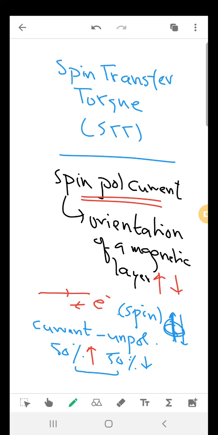Now if this spin polarized current, we call it SPC, is directed into a magnetic layer, the orientation of the magnetic moment gets changed.